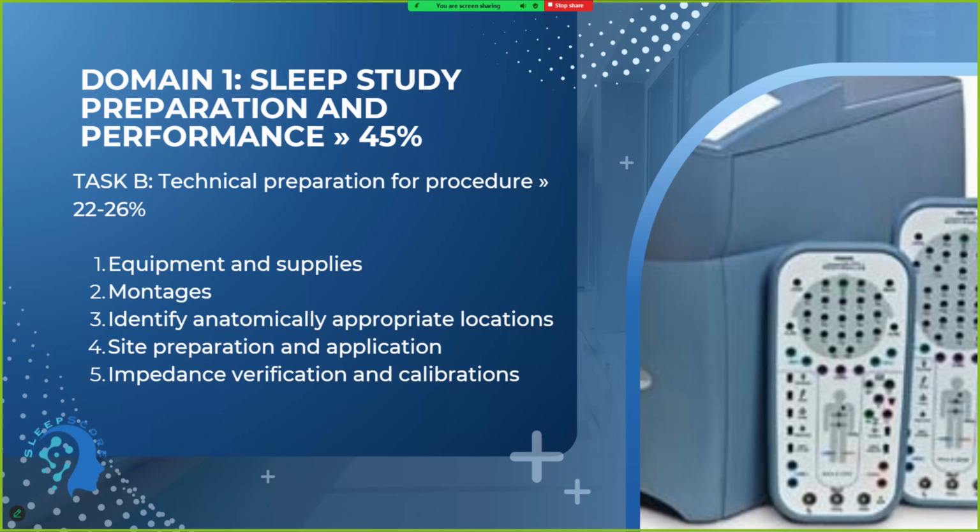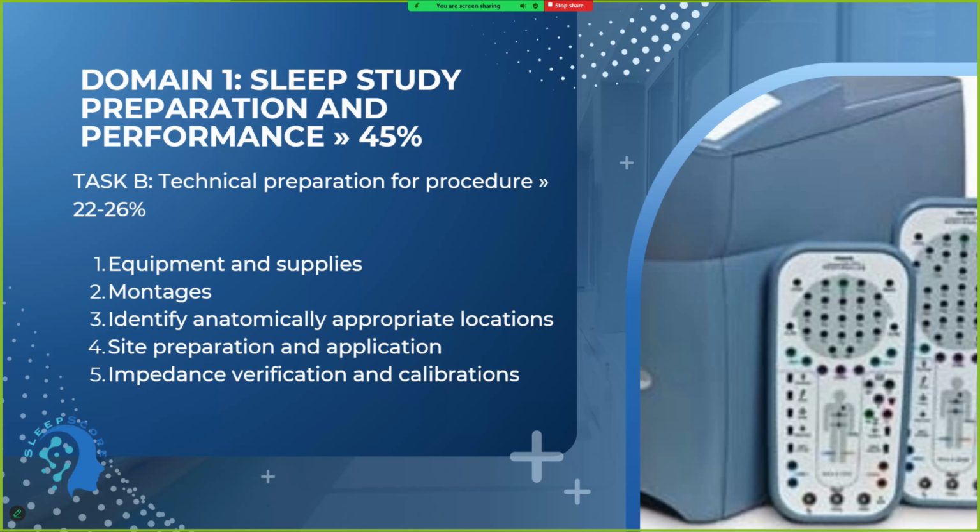And you have to identify anatomically appropriate locations, like where you're going to do the patient hookup, where the patient is going to sleep, the bathroom, and the waiting room. Those kind of things you have to understand. And site preparation and application.